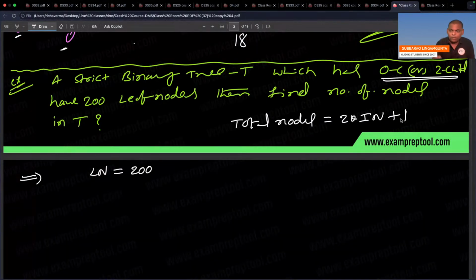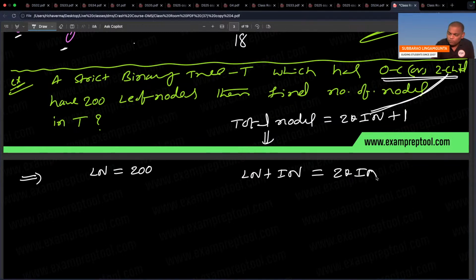This is the formula. Because for a leaf, 0 into anything becomes 0, so no need to write it. Every internal node contains 2 child only. So total nodes, leaf nodes plus internal nodes, is equal to 2 into internal nodes plus 1.